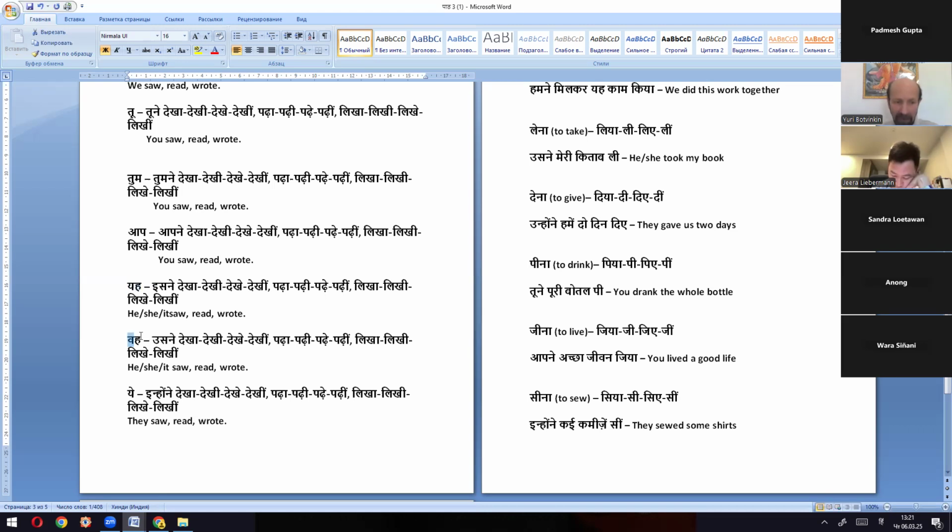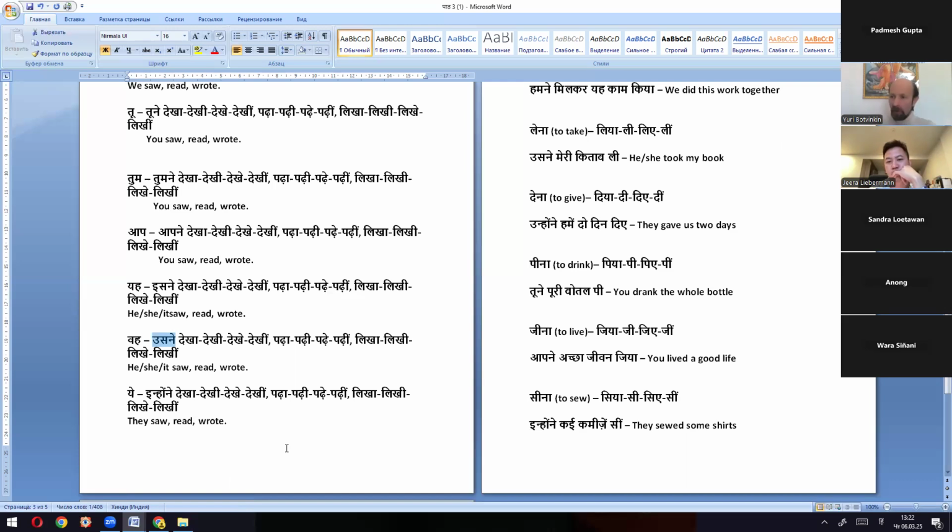For veh, we'll say usne. उसने. And we already know that yeh, veh have their indirect forms like is, us. And we know that ye, ve, in the plural, have their indirect forms like in, un, right?